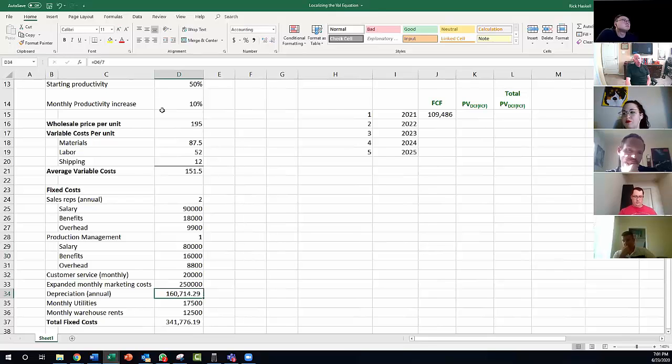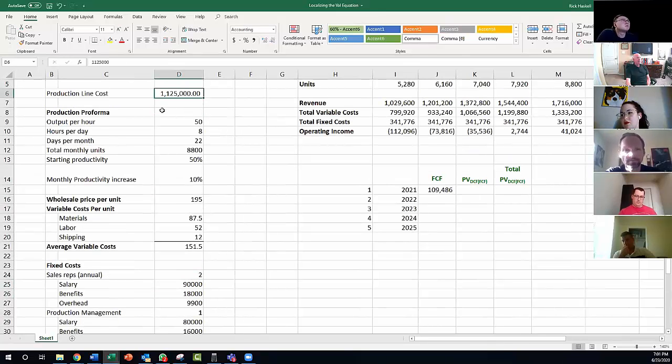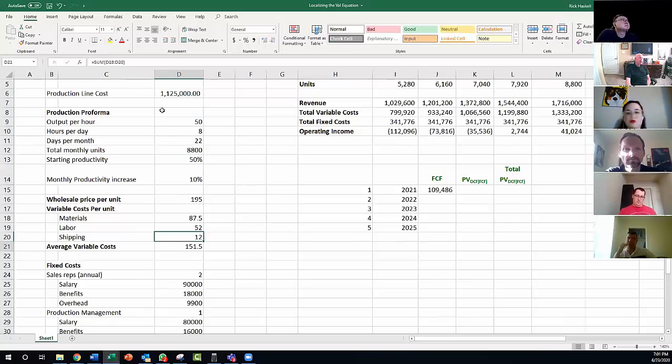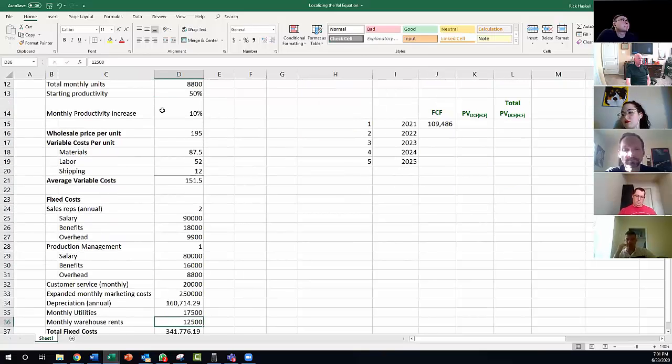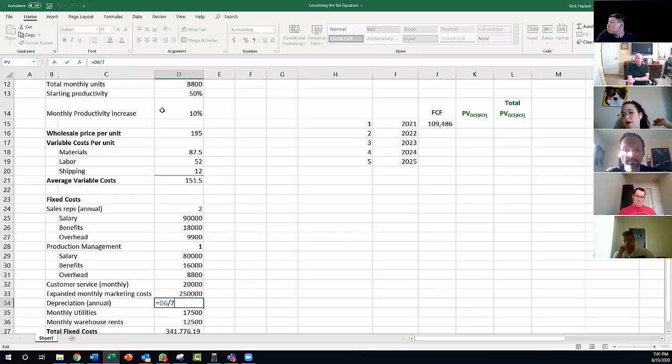Remember, depreciation is an operating expense. And if we're spending $1,125,000 on a production line, then I have to think, what is my depreciation method? So in this case, I'm simply inputting my depreciation is coming from a 7-year straight line depreciation model. You could choose 10 years.